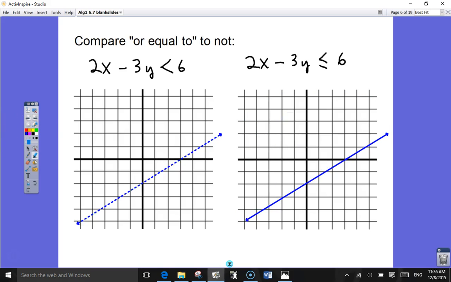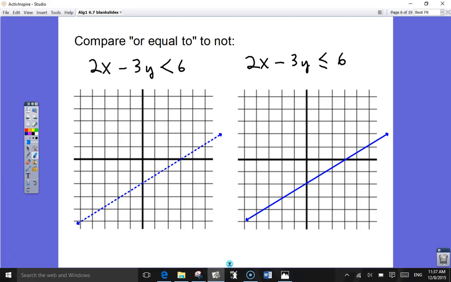So notice the difference. I'll do the shading in a minute, but notice the difference in the lines that I've drawn. This is comparing less than to less than or equal to. And what do you see in the graph of the line? One of them is dashed and the other one is solid. It's kind of like when you graph an inequality on a number line, sometimes you use open circle and sometimes you use closed.